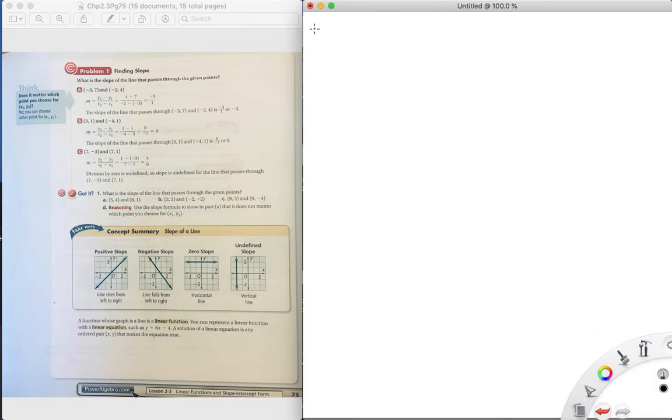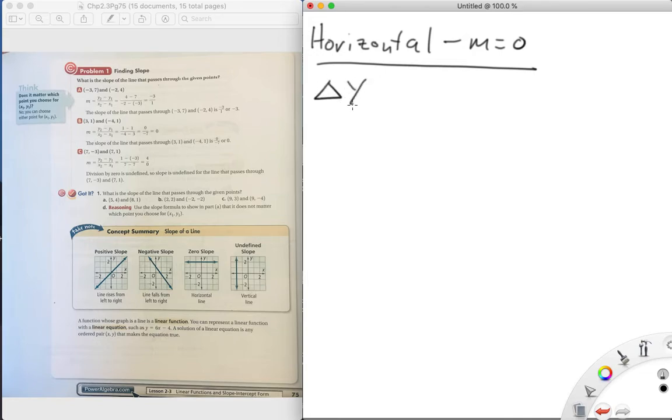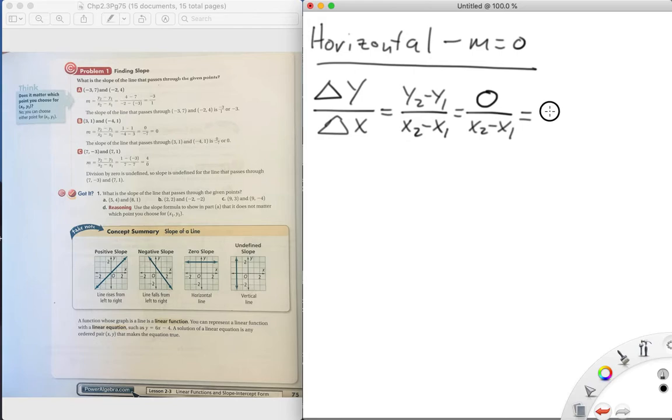For a horizontal line, or zero slope, when we do our rise over run, which is our change of y over change of x, which is y2 minus y1 over x2 minus x1, y2 minus y1 will be 0 in the numerator, which gives me a slope of 0. 0 divided by anything is always 0.